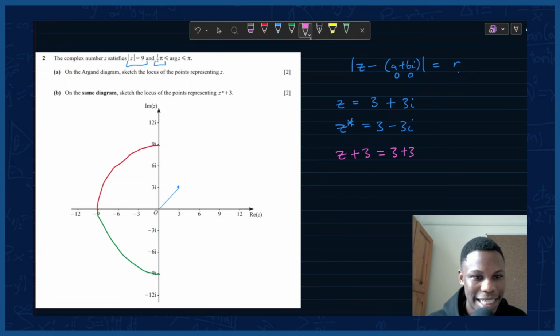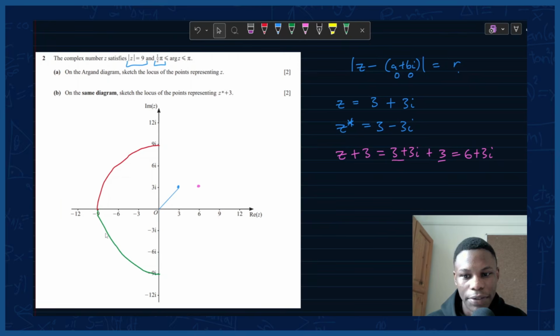We're saying 3 plus 3i, then plus this 3. All I'm doing is adding to the real part. So it now becomes 6 plus 3i. And that would shift, or translate, my z 3 units in the real axis. So it would take me from 3 to 6 at the same height. Okay. So this plus 3 is just a translation in the real axis by 3.